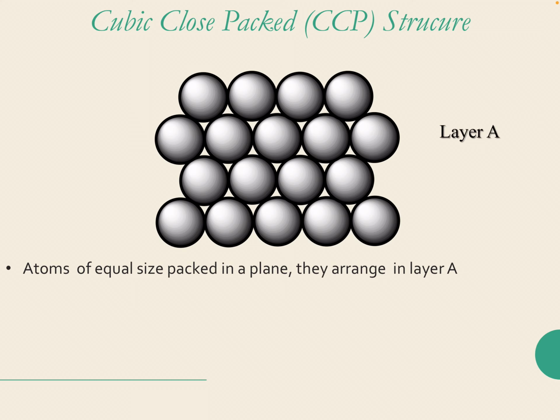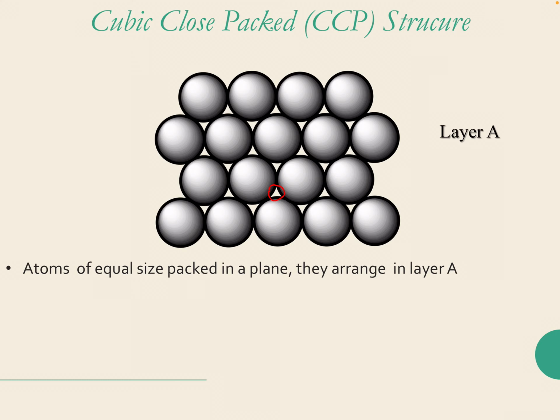And let us say it forms a layer A. It is just like, if you arrange tennis balls on a surface, they will arrange themselves like this. Then we are going to put a second layer of atoms on the first layer such that the atoms in the second layer will sit in the depression formed by layer A. As atoms are spherical, they will occupy these depression positions.